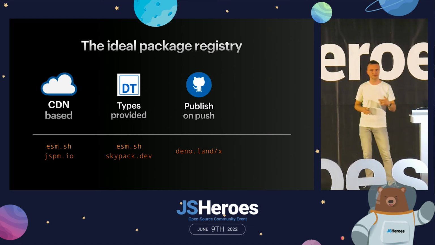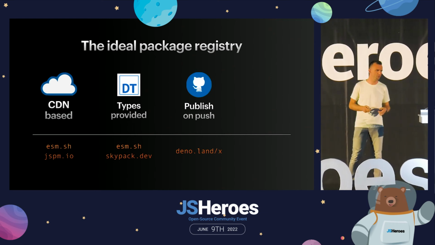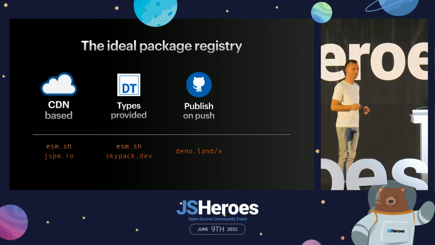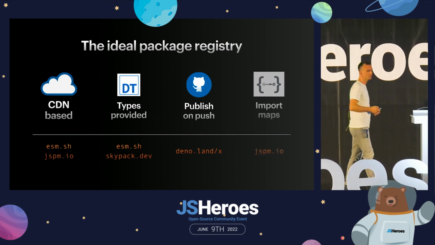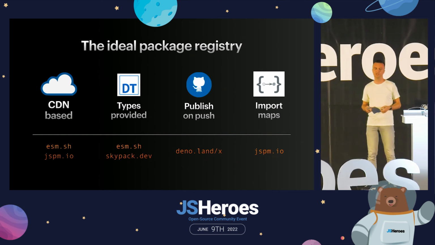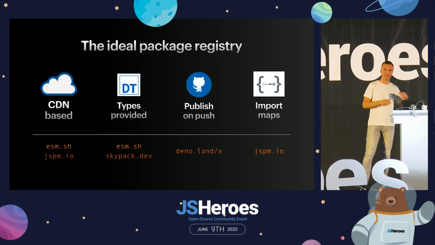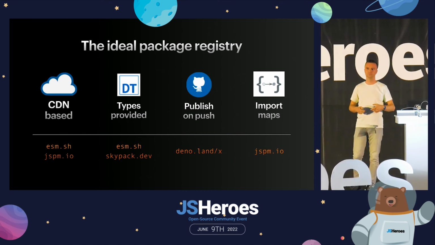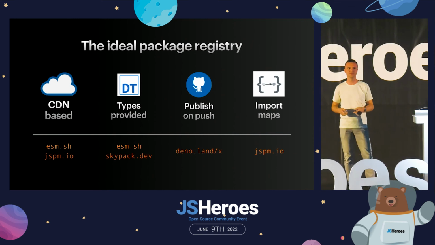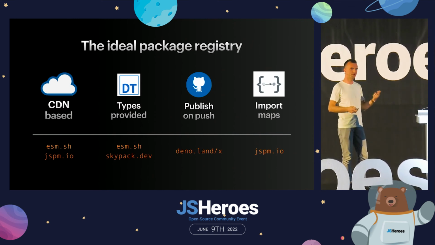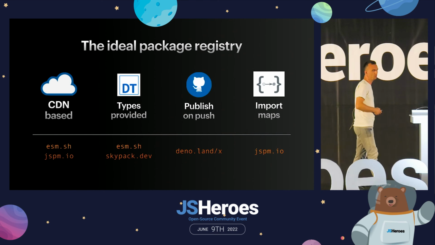When you push to Git, you get it published, and it would also have to use, it doesn't have to, but it helps to use import maps. And import maps is like the Vite alias that we saw earlier, only the advantage is it's browser native. So when all browsers support this, we can import something, and it will go to the URL behind.